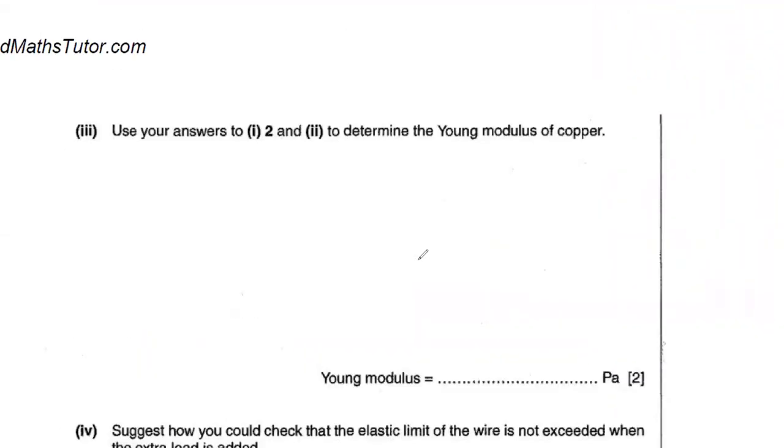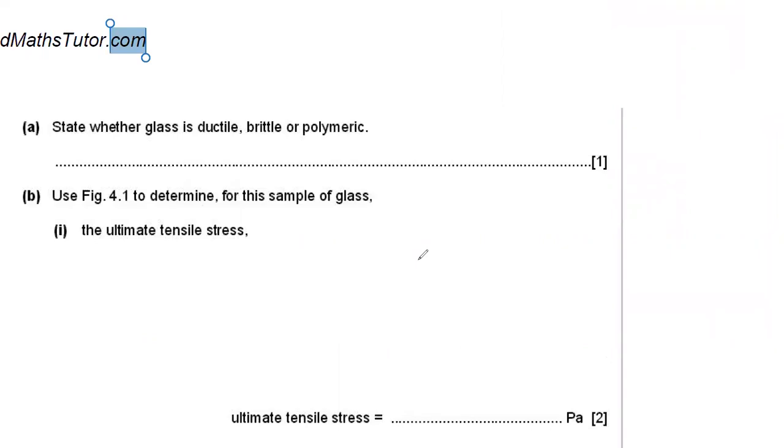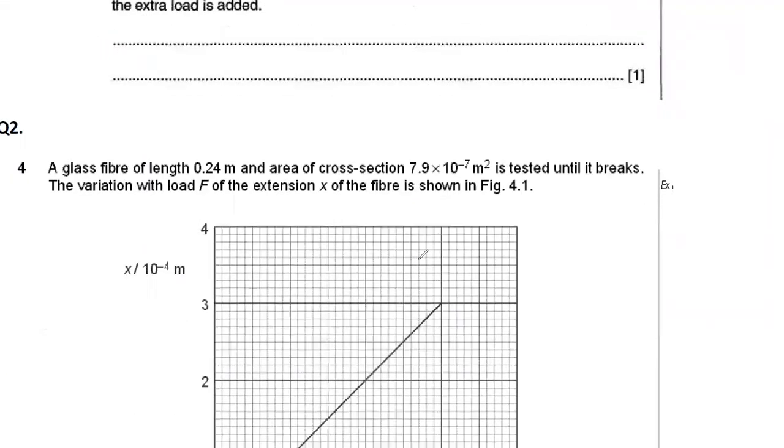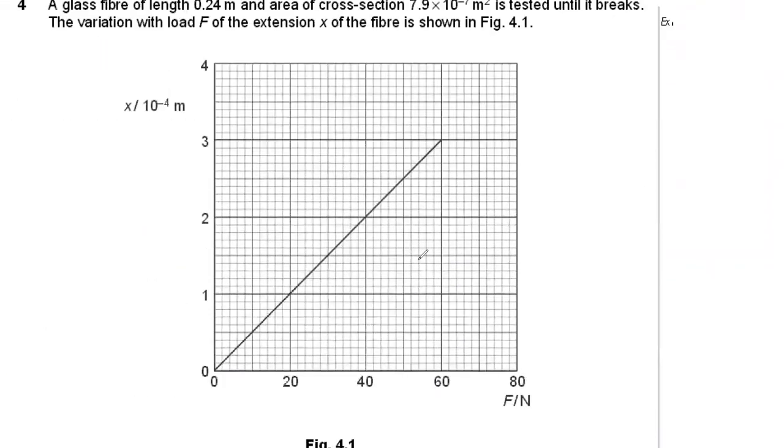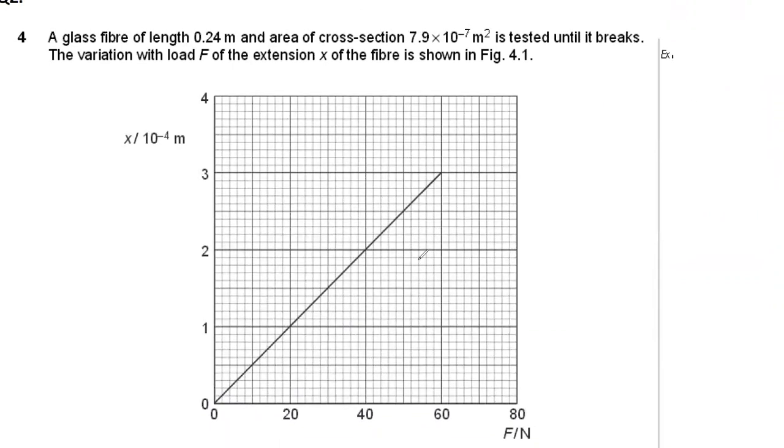Now you guys need to calculate the Young modulus. How will you calculate the Young modulus? Stress divided by strain. Yeah, good. That's the formula, stress upon strain. Wait, do we know the stress or do we calculate it?